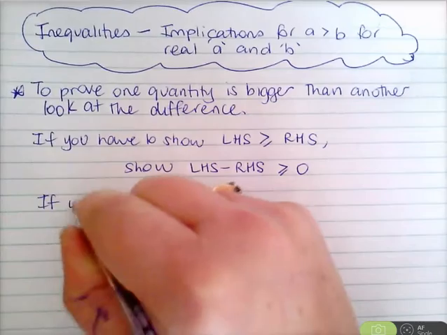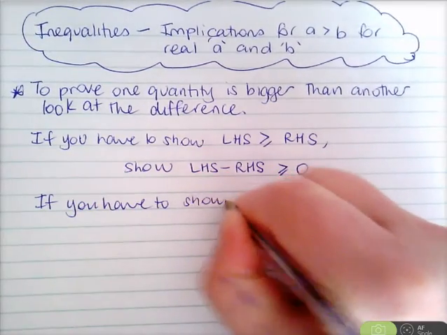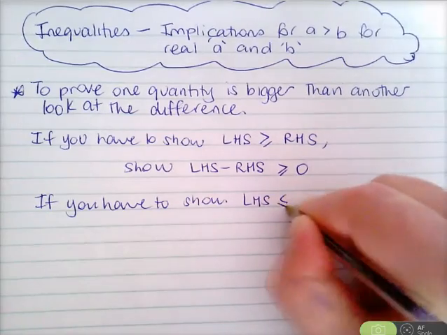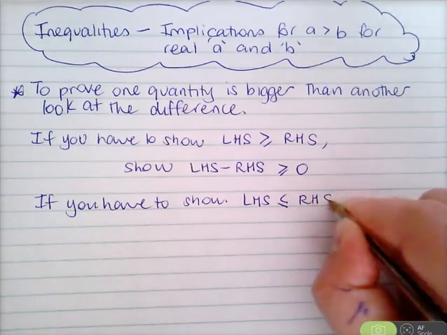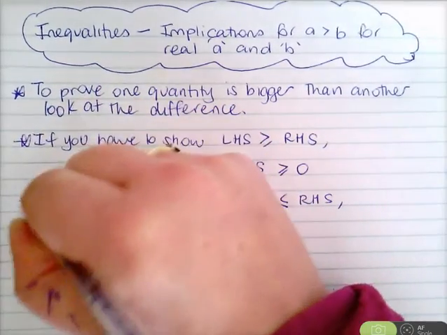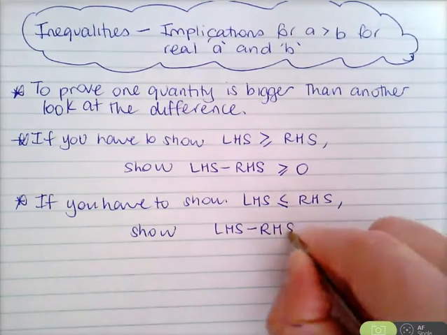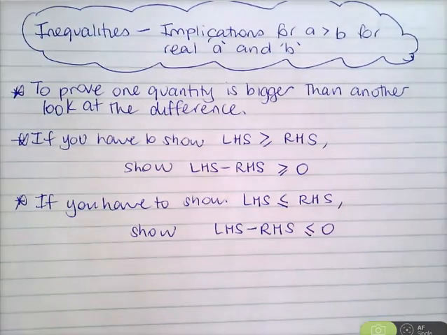Similarly, if you have to show that the left-hand side is less than or equal to the right-hand side, then you should show that the left-hand side minus the right-hand side is less than or equal to 0. Okay?